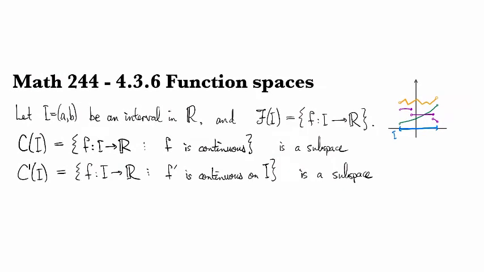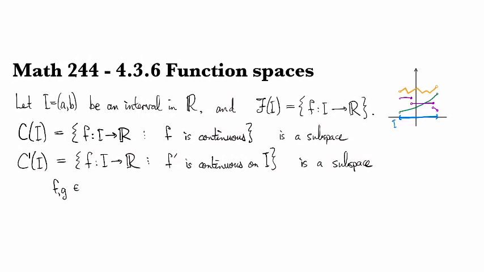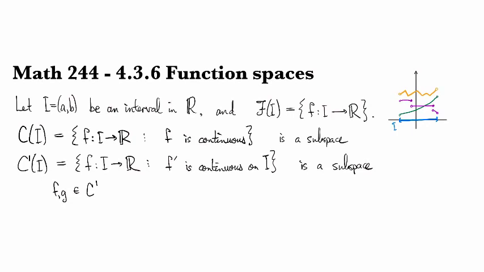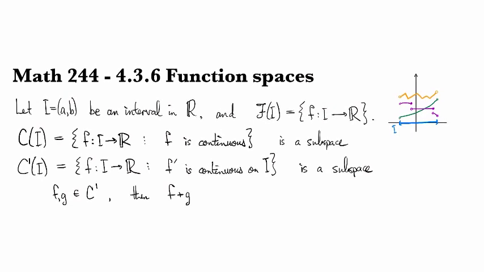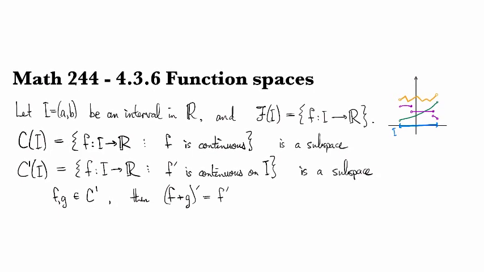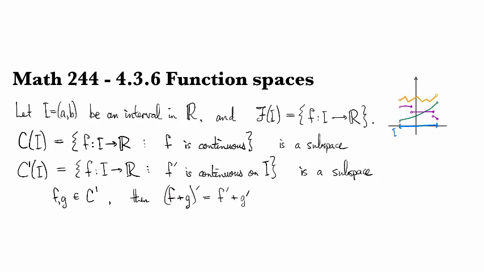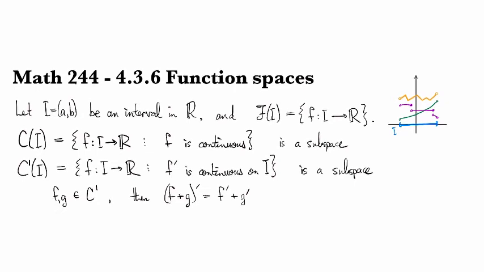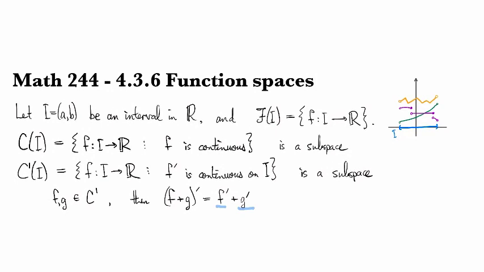And why is that? Well, you know that if you take two differentiable functions and you look at their sum, then the first thing you learned about derivatives is that the derivative of a sum is equal to the sum of the derivatives. And so since f and g were both picked to be from this vector space C1, we know that this guy is continuous and this guy is continuous.